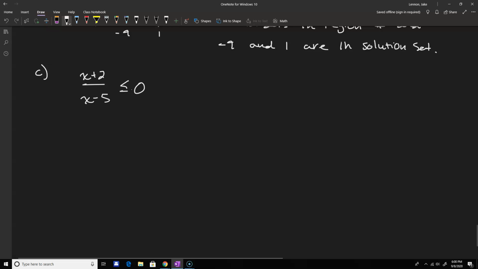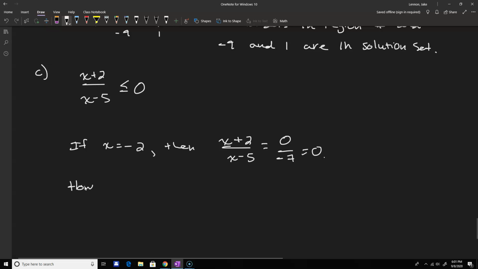Now, the thing is, we know that if you plugged in -2, so if x equals -2, then the whole thing, (x + 2)/(x - 5), would equal 0 over -7, which equals 0.